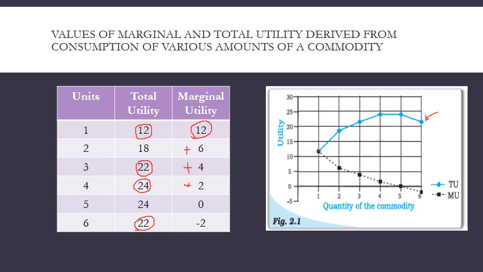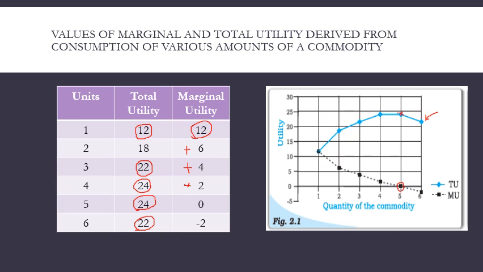You can see a certain relationship here. At what point does the total utility become maximum? The maximum amount of total utility was 24. This was the highest stage of your total utility, and you got it when your marginal utility became 0.